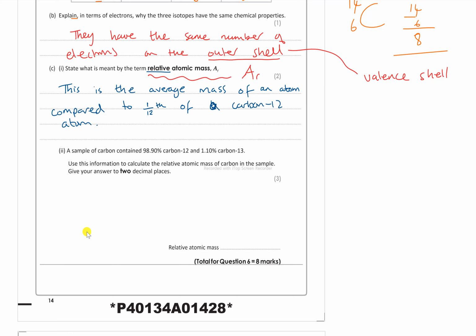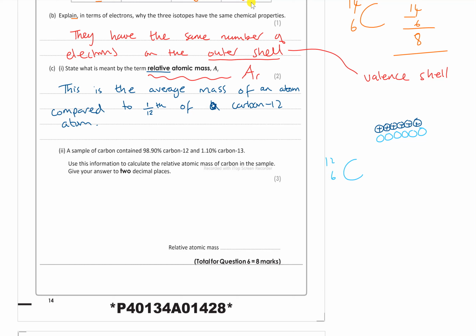Right, let me try to explain that. 1/12. 1, 2, 3, 4, 5, 6. Proton, proton, proton, proton, proton, proton. 7, 8, 9, 10, 11, 12. Neutron, neutron, neutron, neutron. So a carbon 12 looks like this.